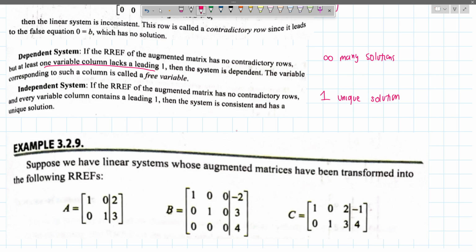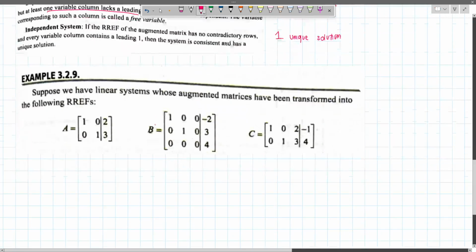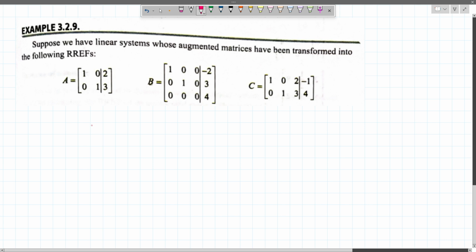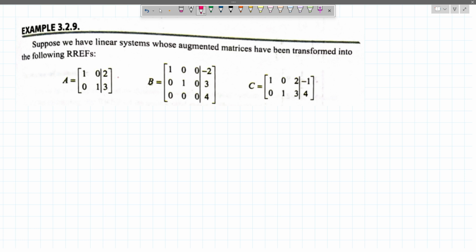So let's look at some of the examples that we have here of the RREFs, and let's identify the type of linear system that we have. Here, we don't have any contradictory rows, so it's not inconsistent. We have inconsistent, dependent, and independent.